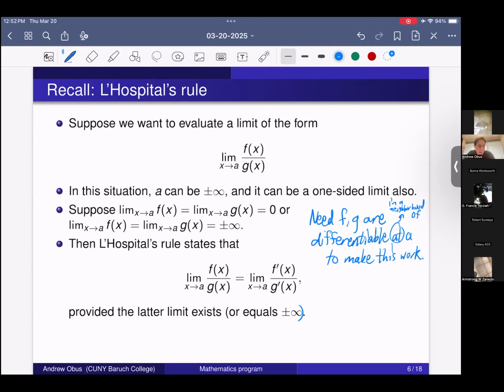All I mean is that you have to be able to take these derivatives if you want to do this limit.